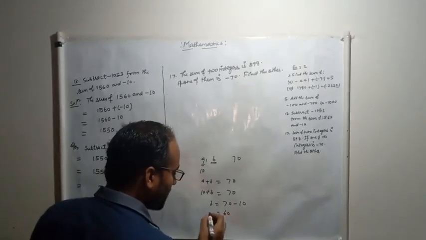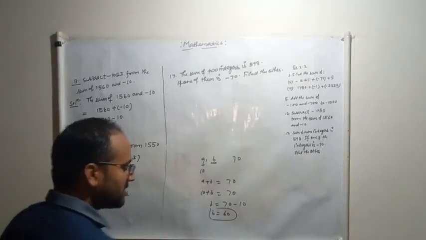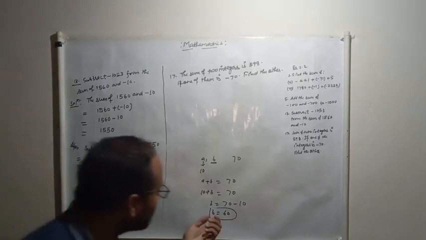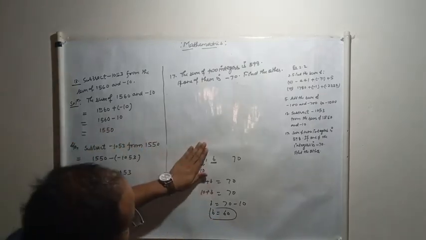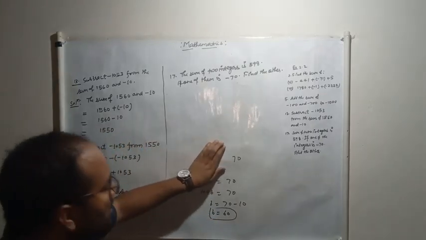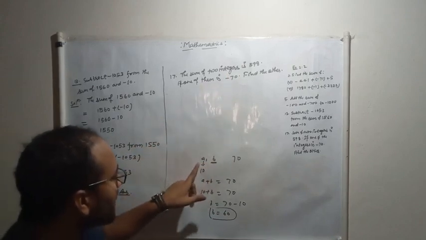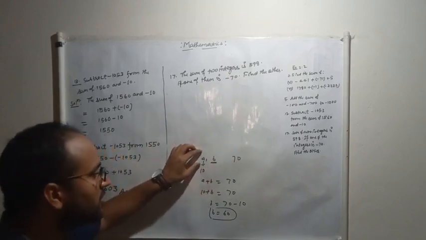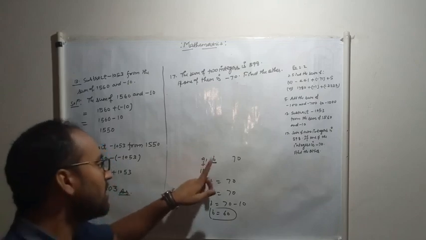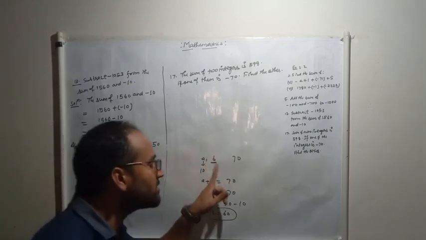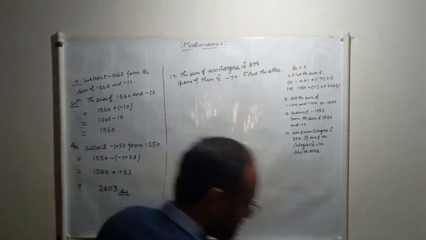So you get the value 60. The second integer is 60. Or simply, if one integer is given and you are going to find the other one, from the total sum you subtract the given integer. You get the answer directly, the other integer or the second integer for this question.